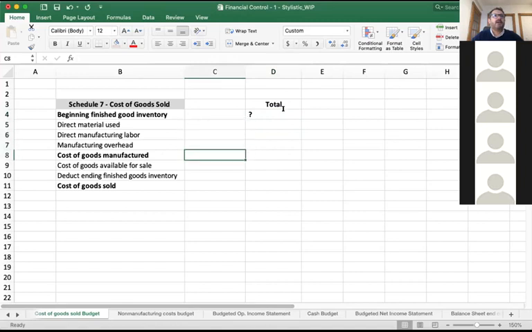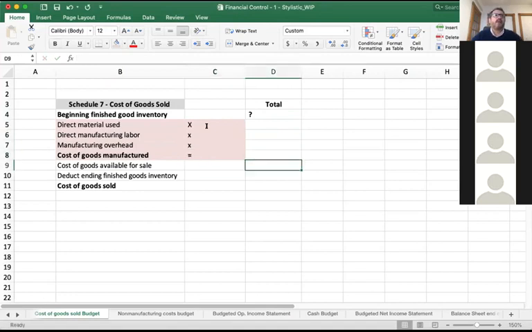So direct material, these four things go together. Okay, so direct material used, direct labor, manufacturing overhead equal to cost of goods manufactured. Okay, this one equal to this one.